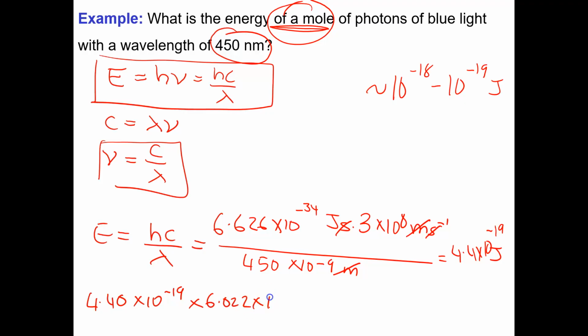So if we want a whole Avogadro's number of photons, it's going to be about 2.7 by 10 to the 5 joules. So there we are.